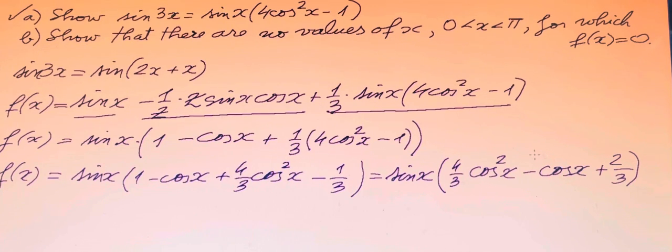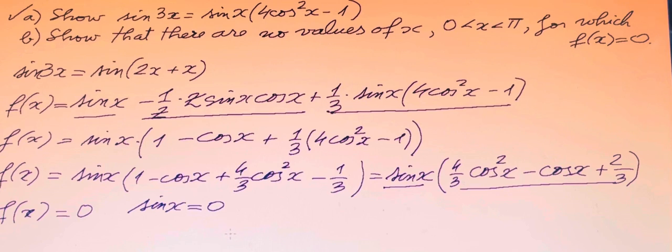So, f equals 0 will mean that one of the factors of f should be 0. We will have either sin x equals 0, which for x between 0 and pi can never happen. Let's remind how the function sin x looks like.